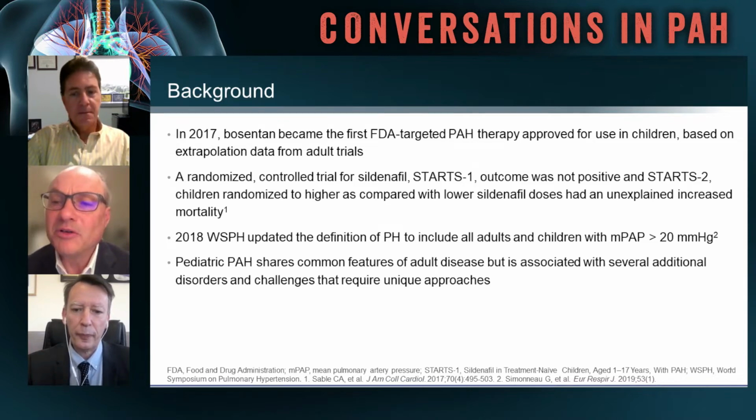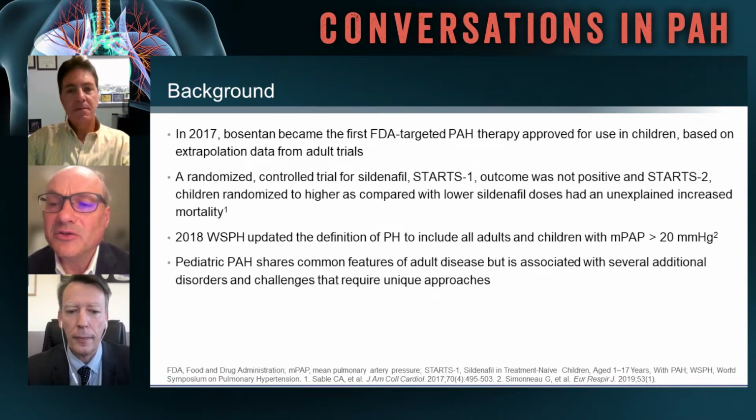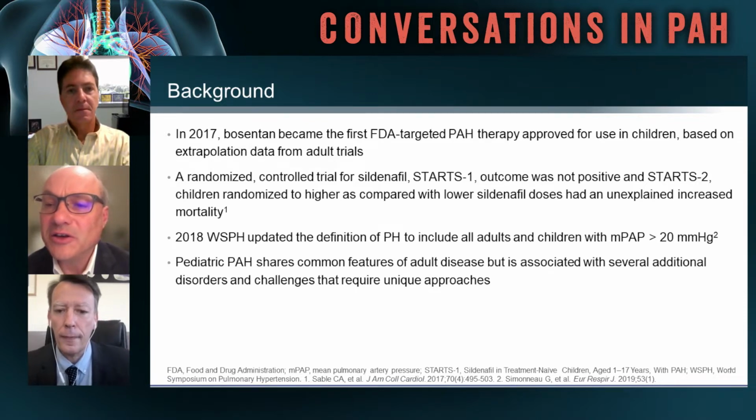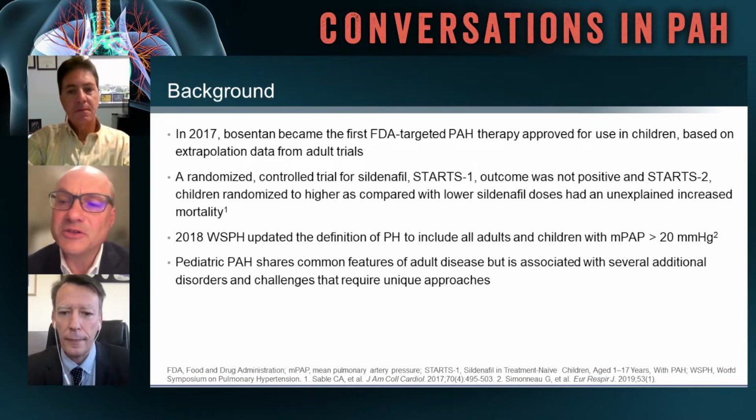And you may remember that the sildenafil trial, the STARTS-1 trial was not positive. And then in STARTS-2, there was a potential signal for an increase in mortality with an increase in dose over 3 years. So we still have a lot of challenges in terms of drug approval.